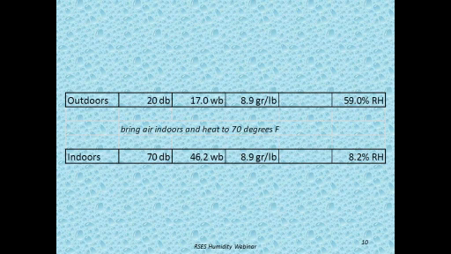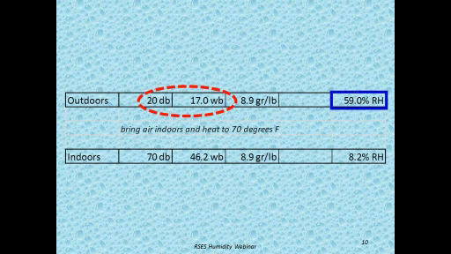But if I bring that air into the building and I heat that air to 70 degrees Fahrenheit, but I leave the grains unchanged, because simply bringing the moisture into the house is not going to change the grains. By leaving the grains unchanged, I now have 8.2% relative humidity.